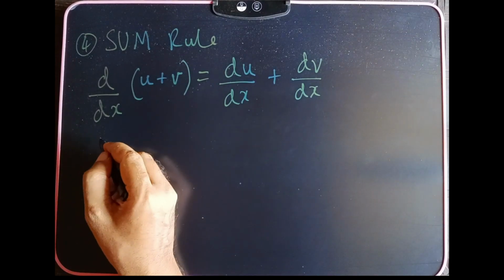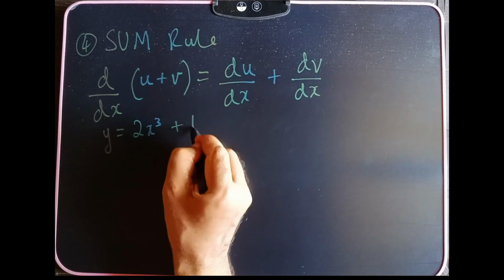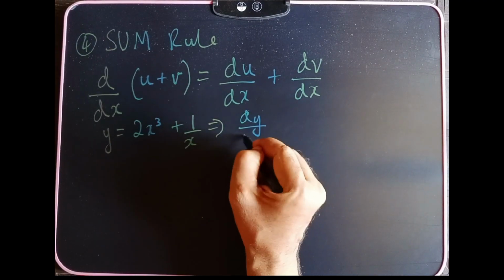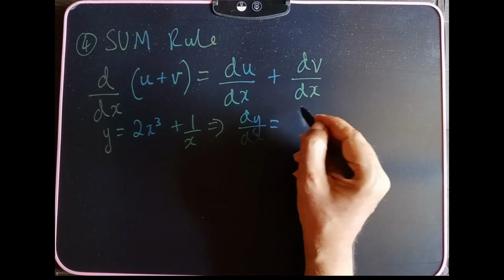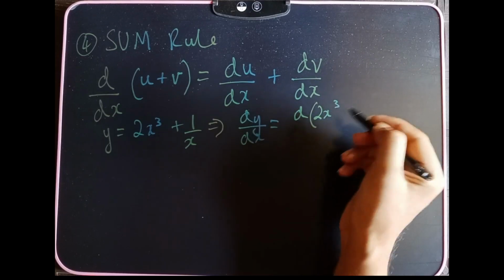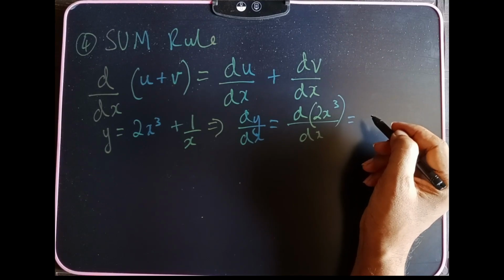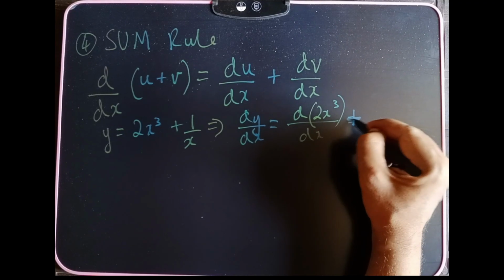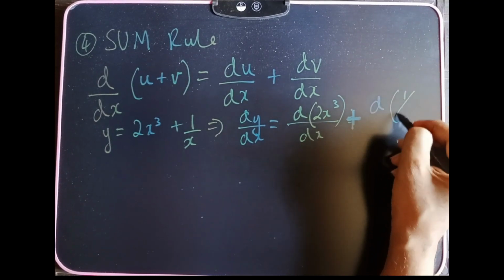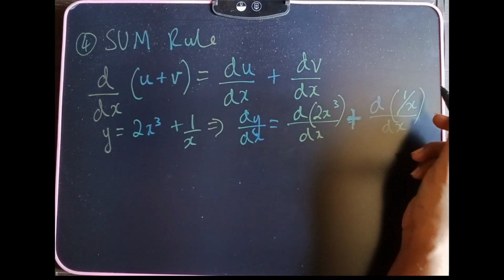Now let us take an example. We have a function y is equal to 2x cube plus 1 by x, and we are going to find dy by dx. Using the sum rule, it is the derivative of 2x cube with respect to x plus the derivative of 1 by x, which can be written as x raised to minus 1.